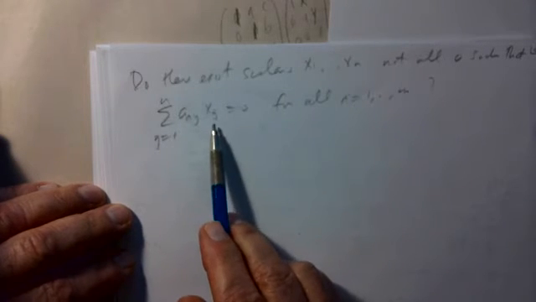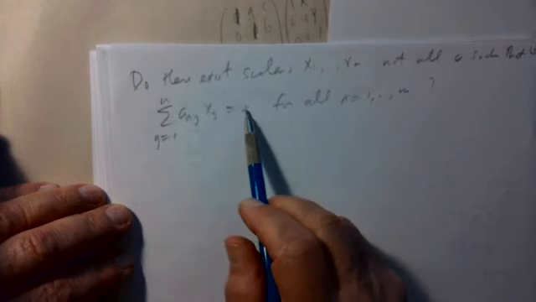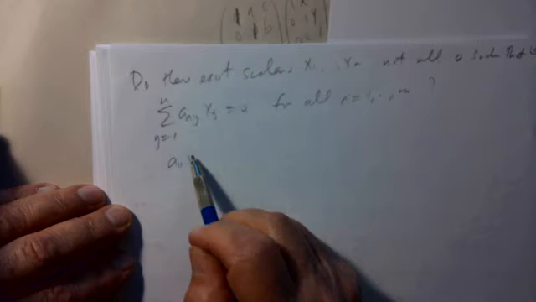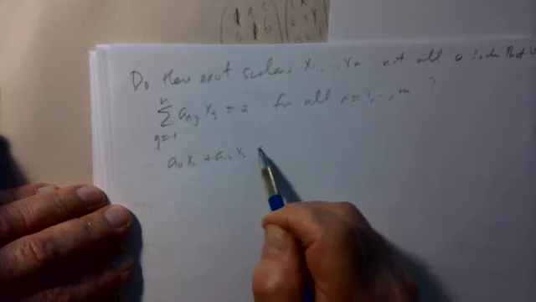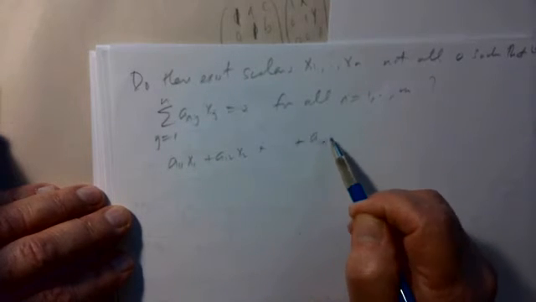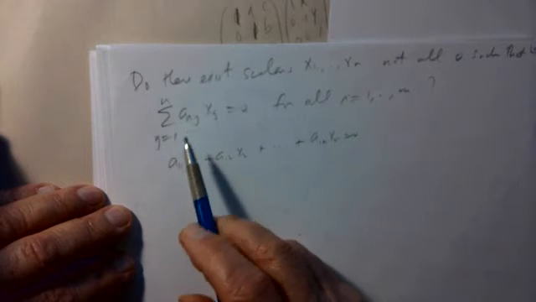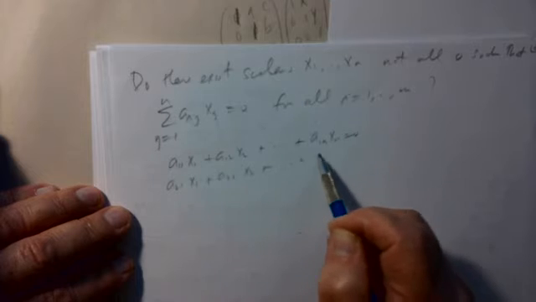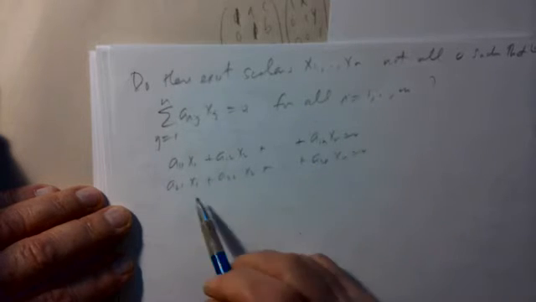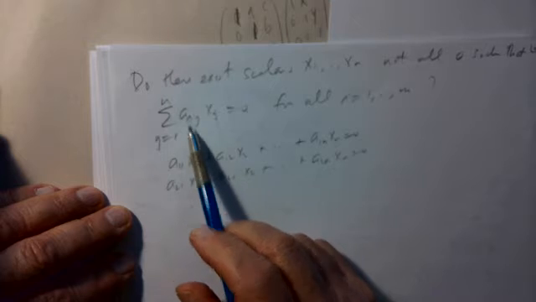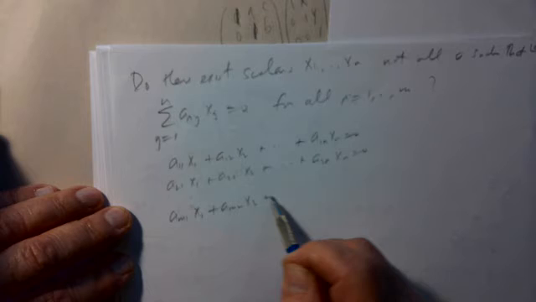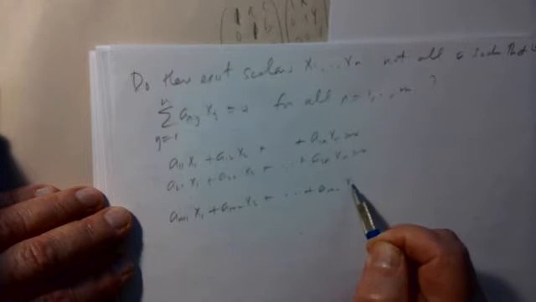But you look at this, this is just a series of linear equations that are homogeneous. Right? When i equals 1, this is the equation a11 x1 plus a12 x2, up to a1n xn equals 0. When i is 2, this is the equation, well, this equation, all the way down to the last equation when i is equal to m, am1 x1 plus am2 x2 plus up to amn xn equals 0.